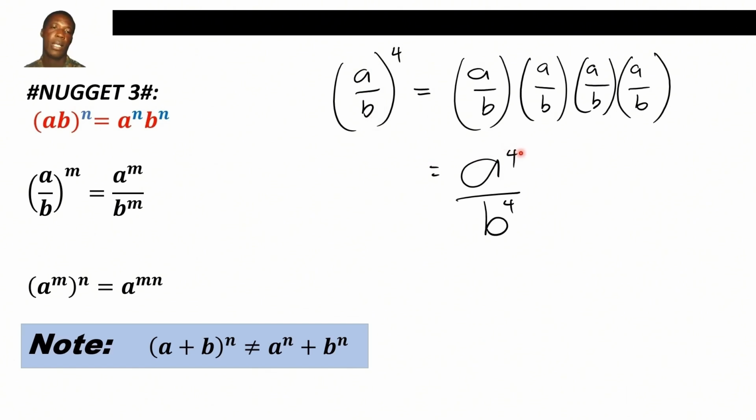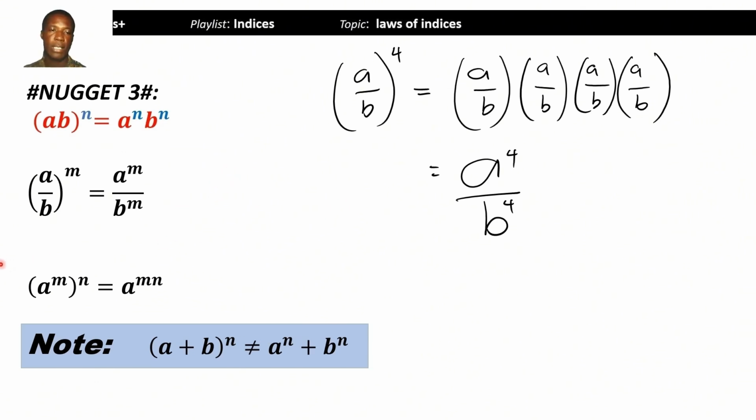So that's the law we have. Another aspect of the second and the third law, if we take the fraction side, is the same thing. Are we good? All right.